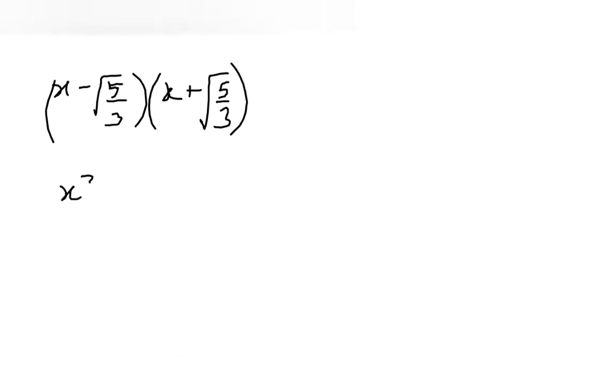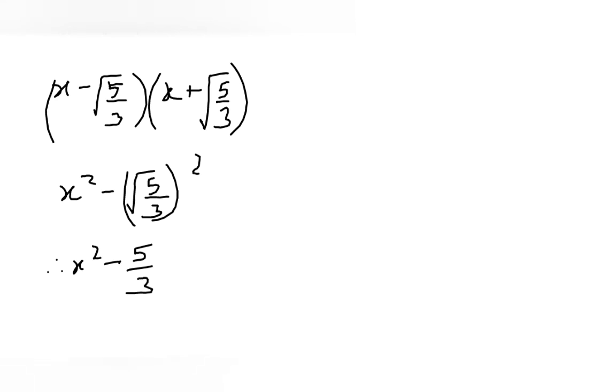So we multiply both of them. x minus root 5 upon 3 multiplied by x plus root 5 upon 3, so we get x square minus root 5 upon 3 the whole square, therefore x square minus 5 upon 3, because the square of a root is the number inside the root.